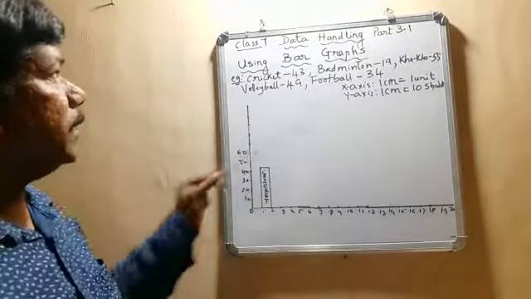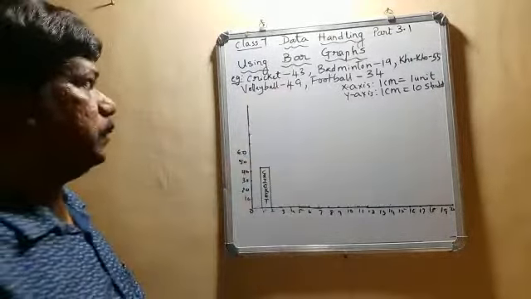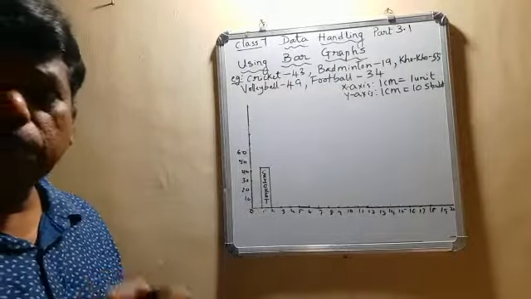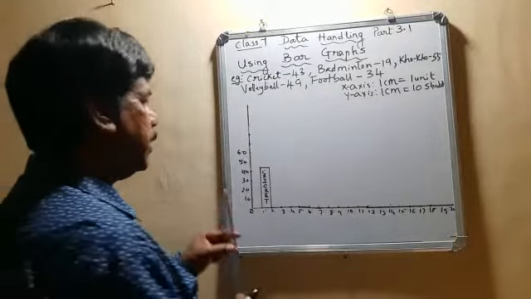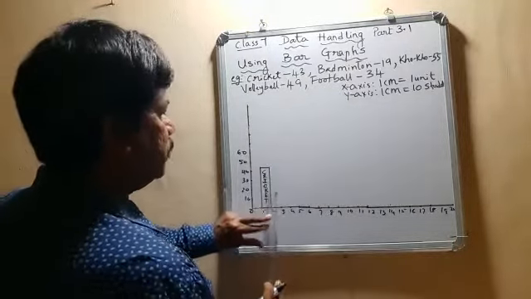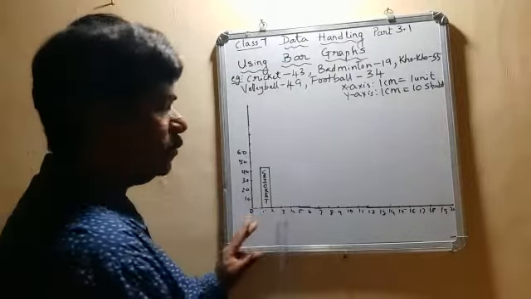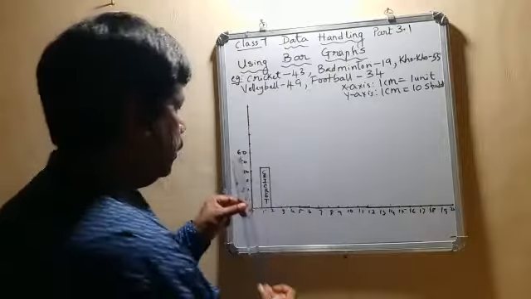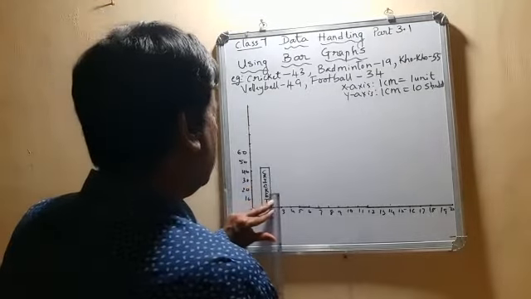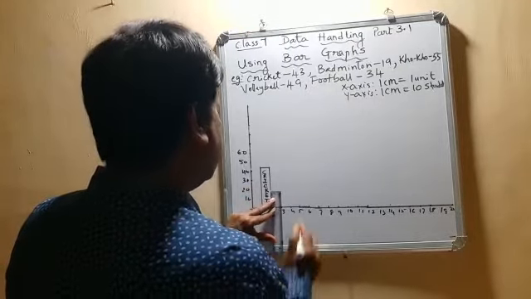Next is badminton. How much is it? Only 19 students. So for 19, I'm going to leave space between 2 and 3 and we'll take 3 and 4 as the group. So this will be only to this extent.